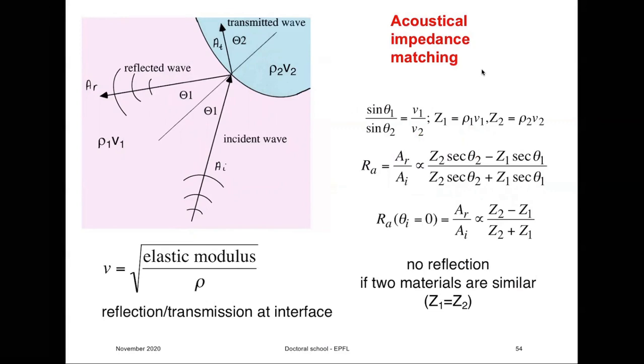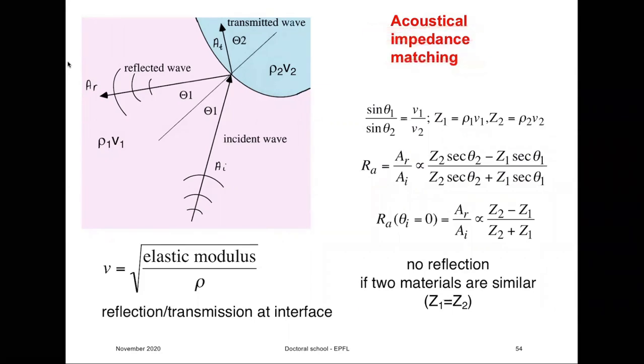Now, to understand how this works, we need to understand an important parameter to consider in ultrasonic imaging, so-called acoustic impedance matching.